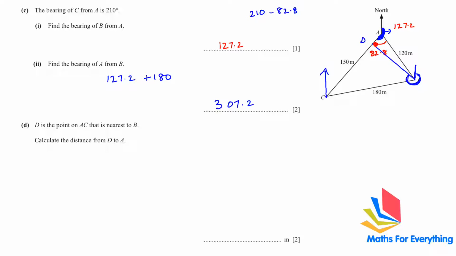Let's just draw the triangle here. This is D, this is A. This is 90 degrees. This is your hypotenuse, which is 120, and angle A, which is 82.8. And you want to find AD. What do we have? We have the opposite.